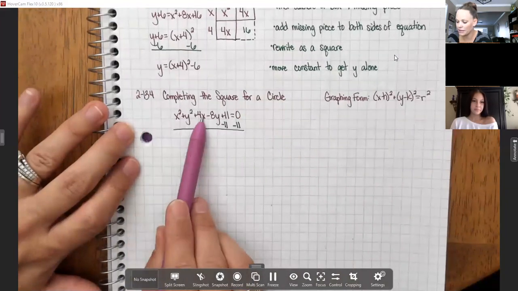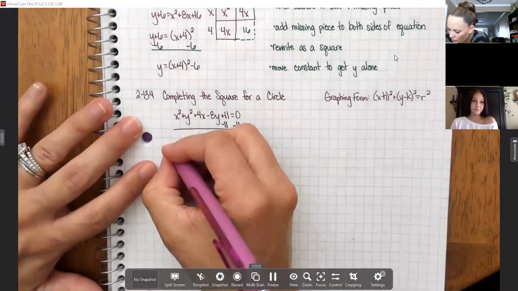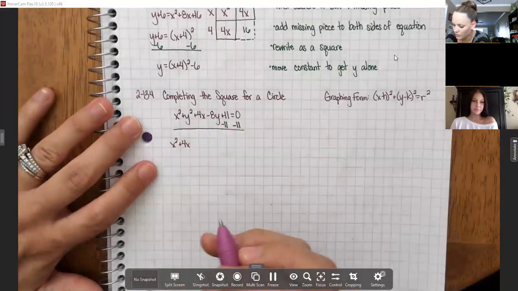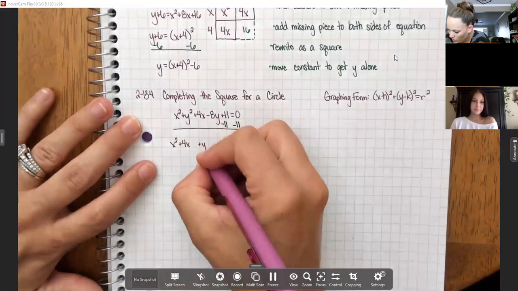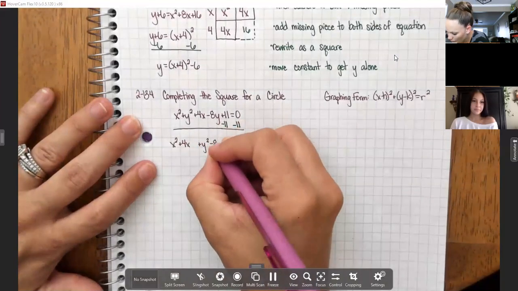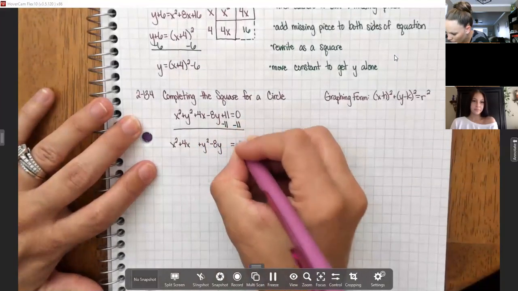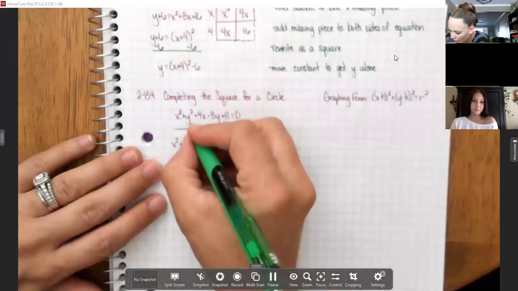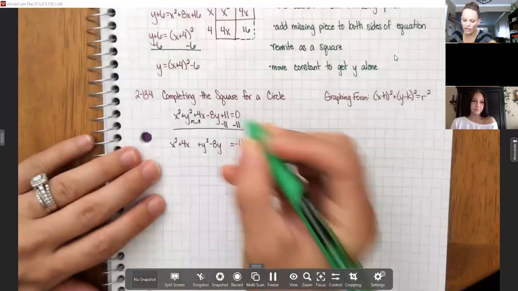So I'm going to put my x's together and my y's together. So I have x squared plus 4x plus y squared minus 8y equals negative 11. So I subtracted 11 on both sides, and then I just switched these terms around.